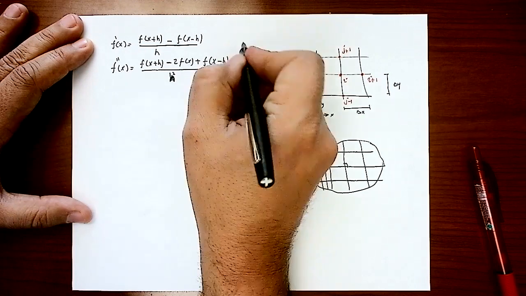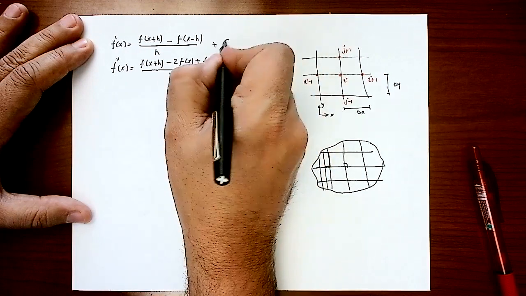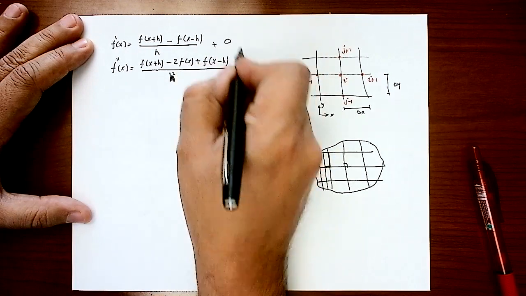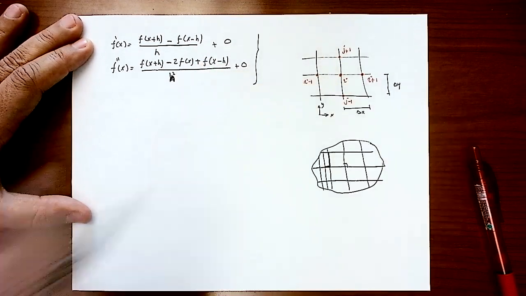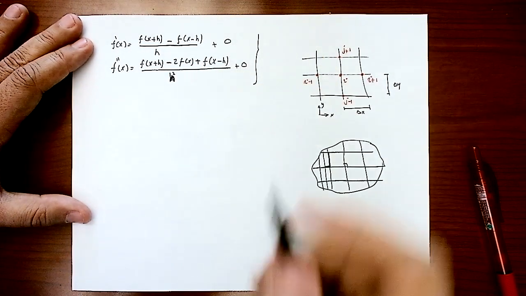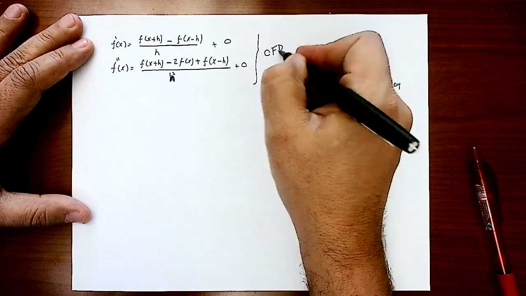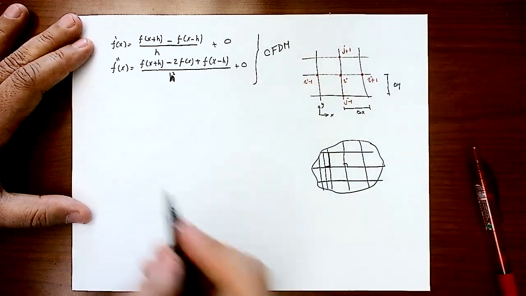I'm just writing down the plus. You have the error here, which we cut the equation at. But this is the central finite difference method. How are we going to generalize that?